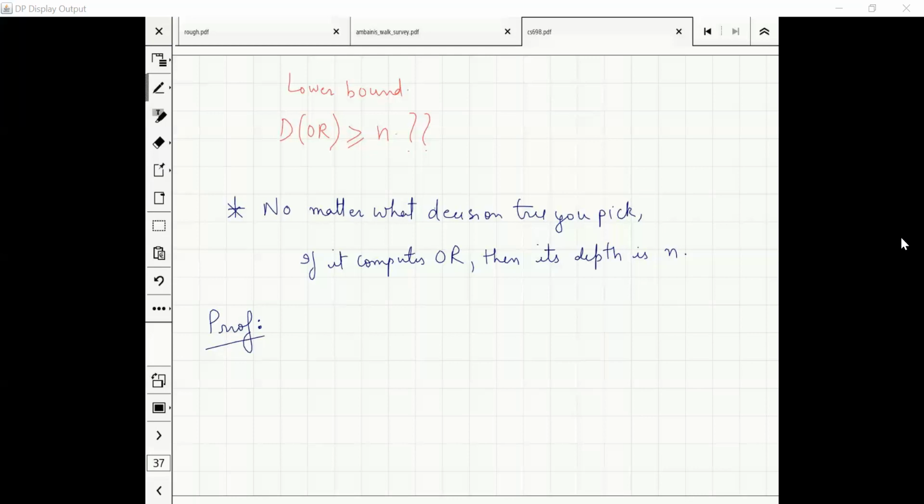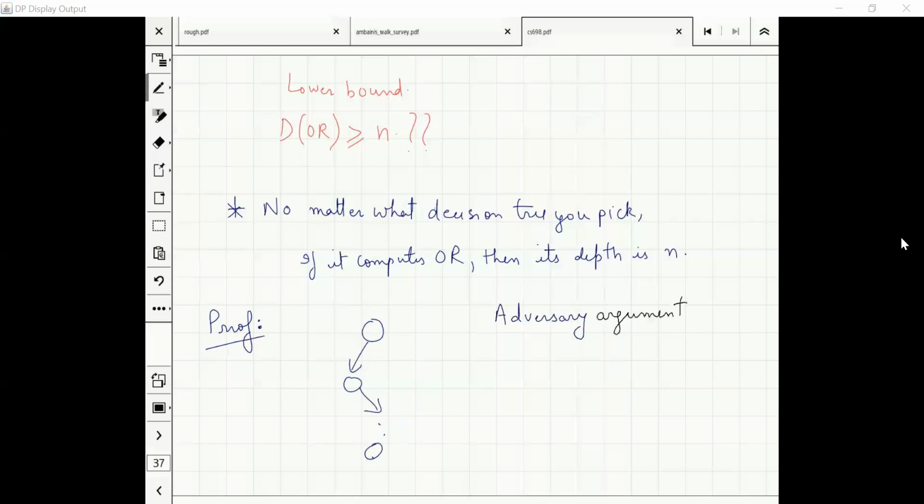Can we make it slightly more formal? So let's say there is a tree of depth n-1. Then all those queries will be 0 and the remaining bit will be 1. So for that input, the tree will not compute a correct output.